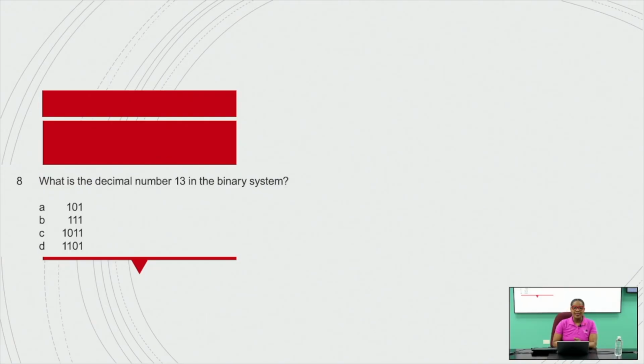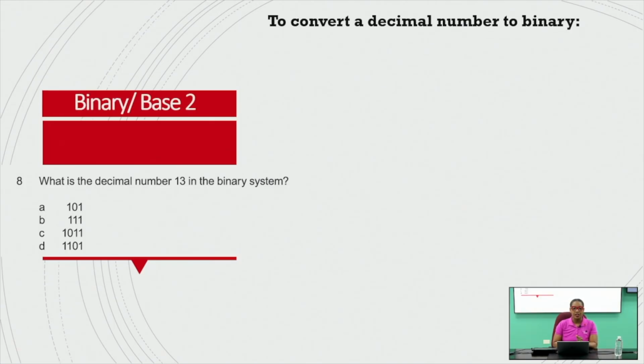So we are at question 8. What is the decimal number 13 in the binary system? What's the binary system? It's base 2. All right, so we are at 13. How do we convert from base 10 to base 2?